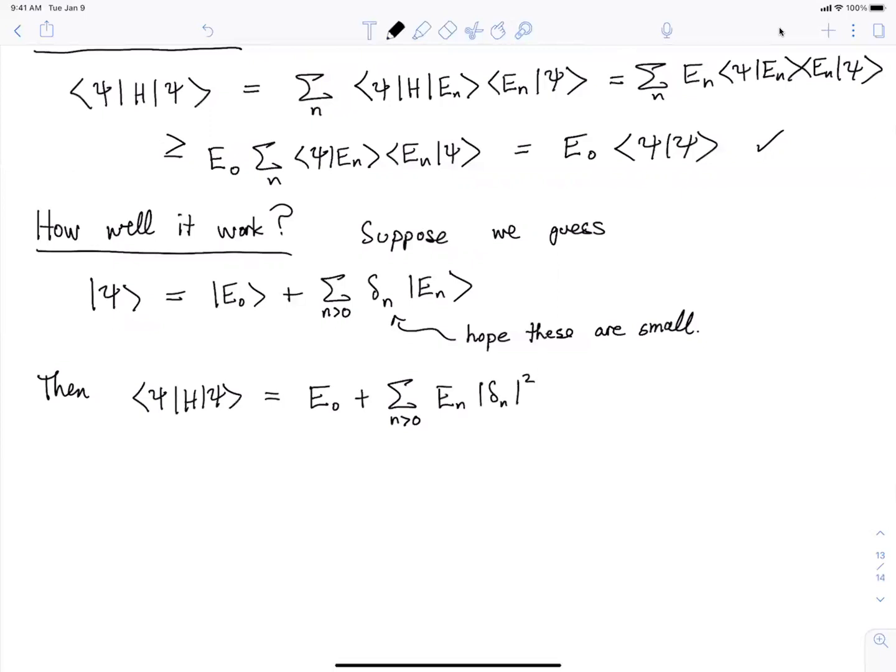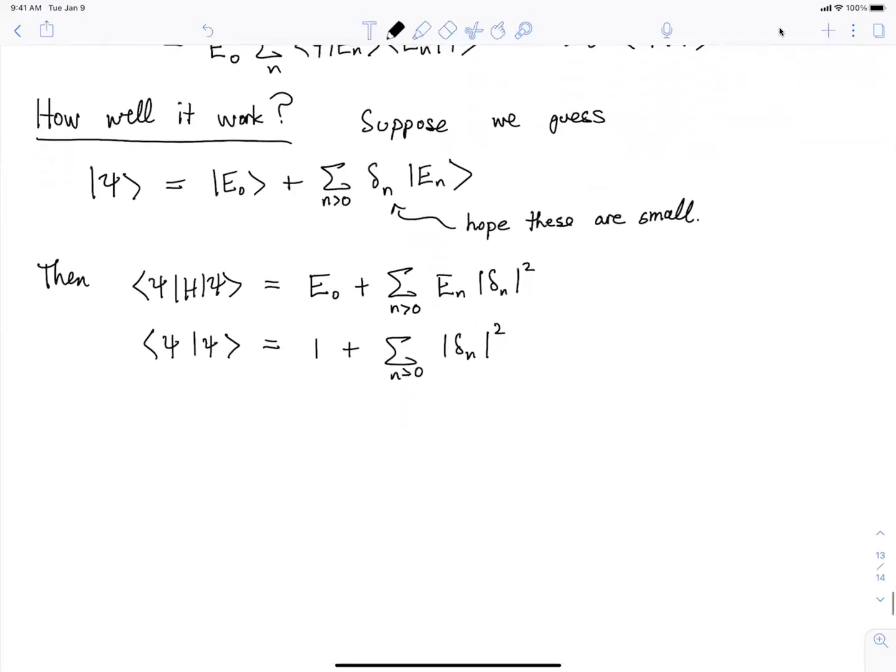That's just putting the Hamiltonian in between the bra and ket for the state and computing it. And then for the norm, I assume that my energy eigenstates are norm 1, or normalized. So that looks like this. It's just 1 plus the sum of the magnitudes of the delta n squareds.